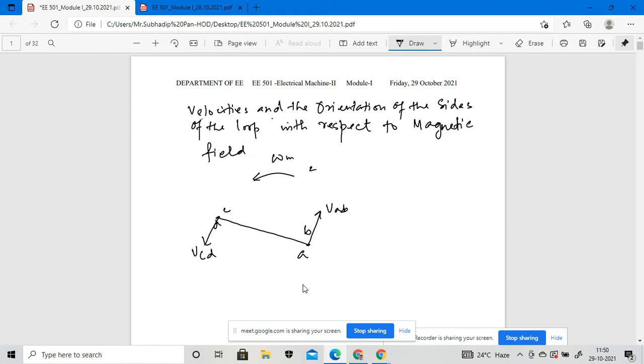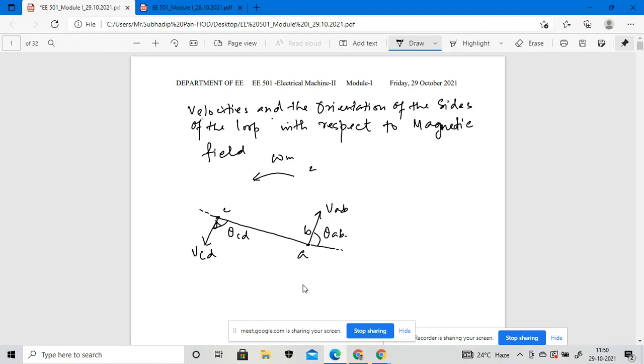So this is actually the velocities and the orientation of the sides of a loop with respect to the magnetic field. This particular angle we will take as theta AB, and this particular angle we will consider as theta of CD, right?